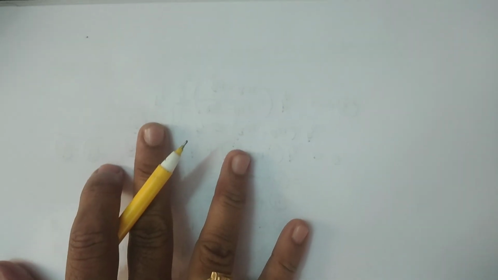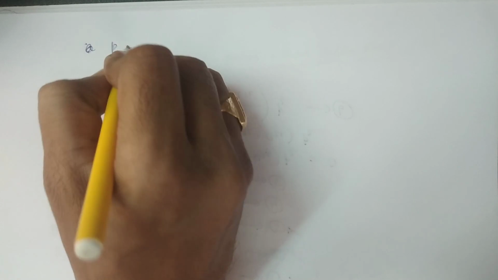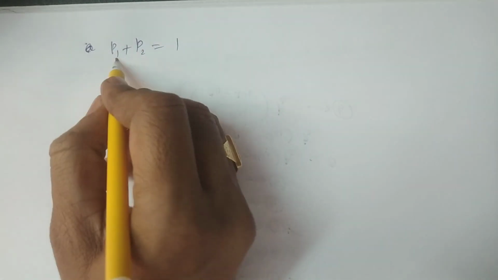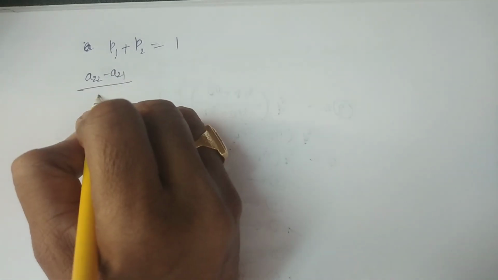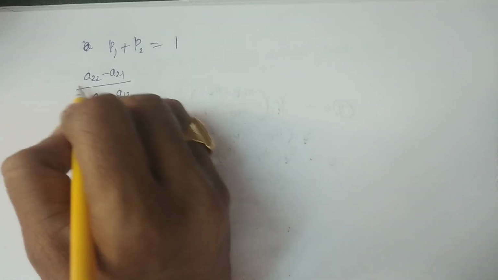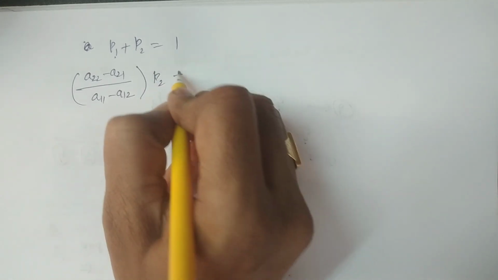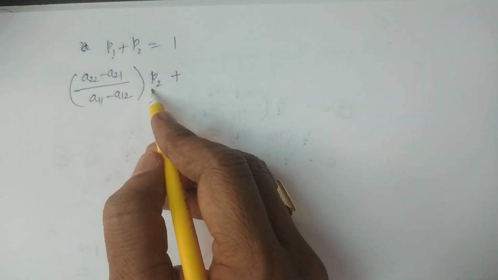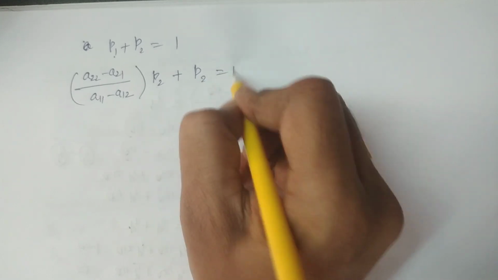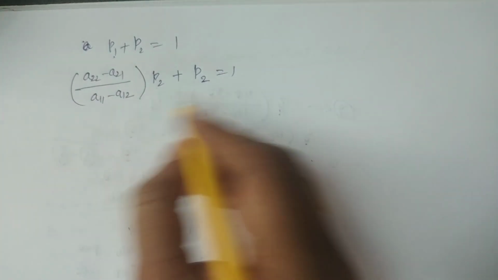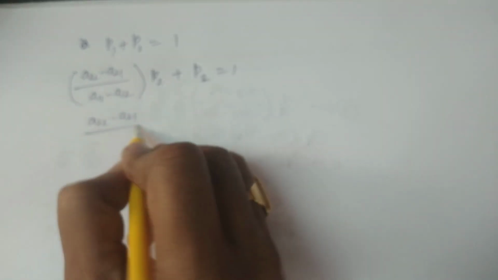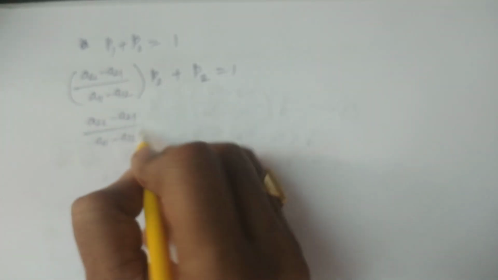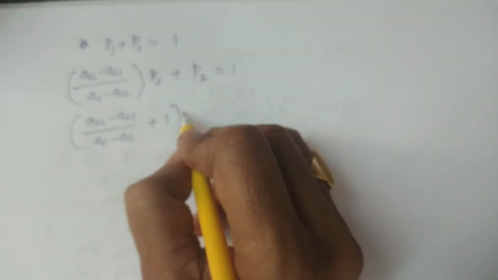Is it clear? Right. Okay. In the equation P1 plus P2 is equal to 1, I am substituting the value of P1. P1 is (A22 minus A21) divided by (A11 minus A12) into P2. We have converted P1 in terms of P2, plus P2 is equal to 1. So now you take P2 as common: (A22 minus A21) divided by (A11 minus A12) plus 1, multiplied by P2.